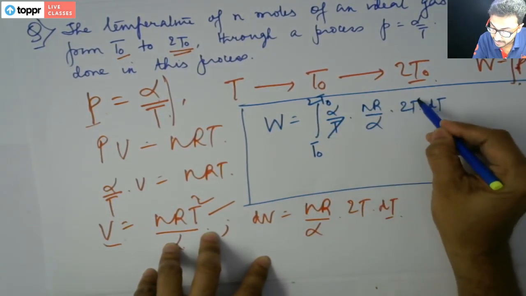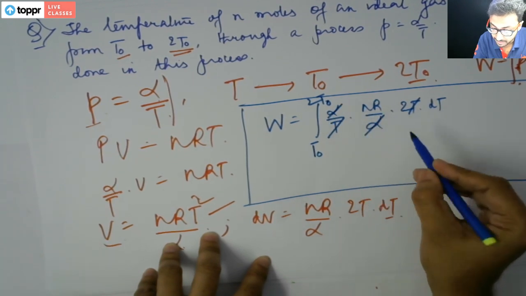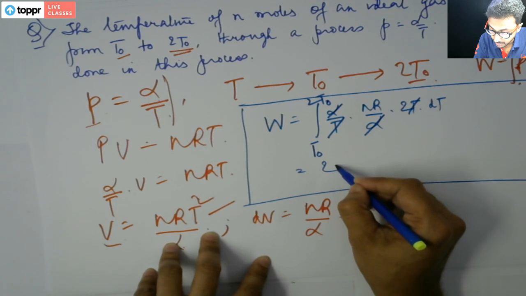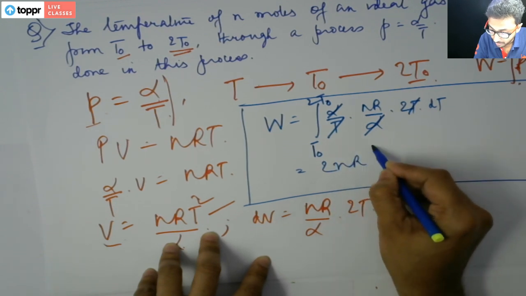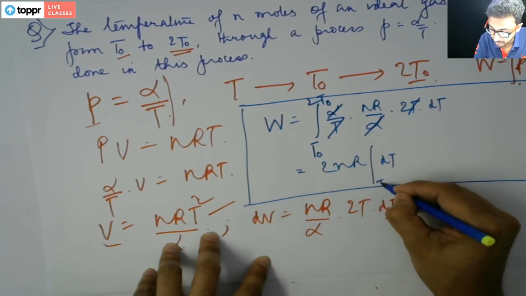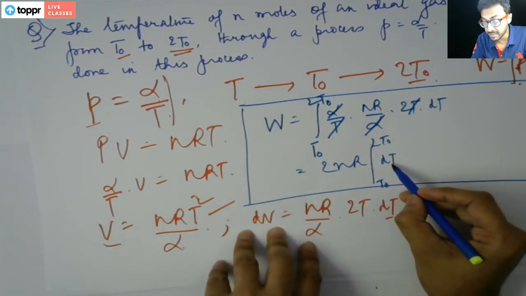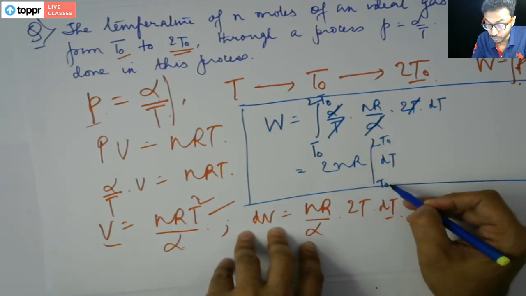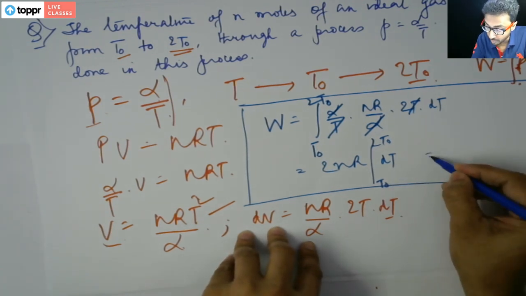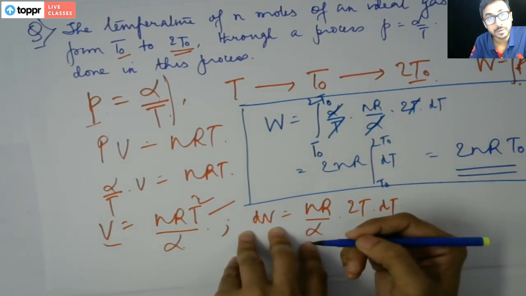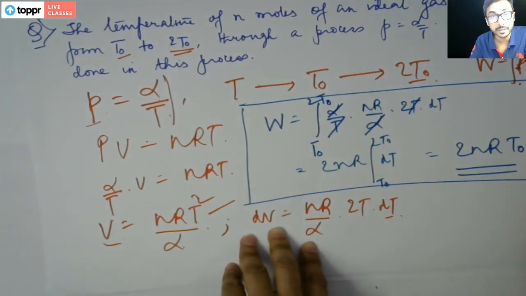So T cancels out, alpha cancels out, and nR and 2 come outside: 2nR integration of dT from T0 to 2T0. Integration of dT is nothing but T. So 2T0 minus T0 is T0. It is nothing but 2nR T0. That is the work done in the process.